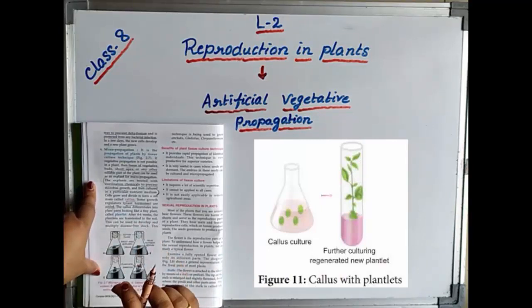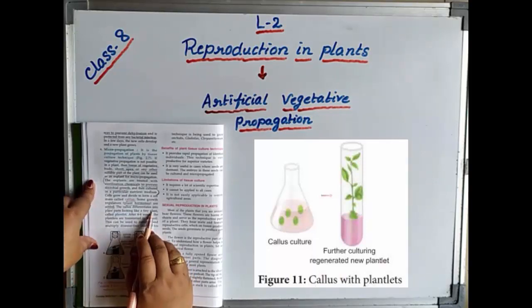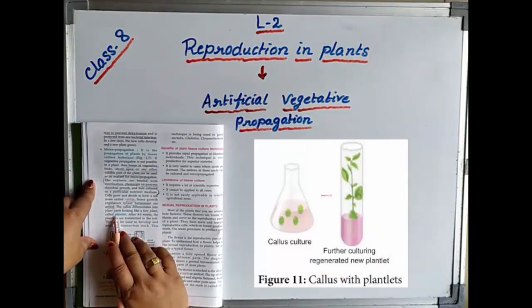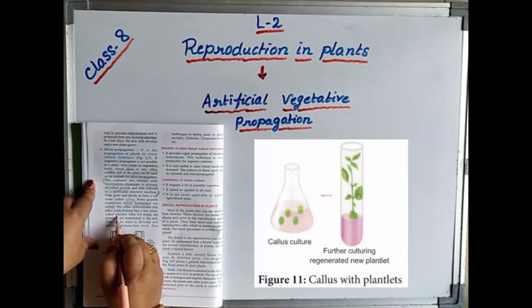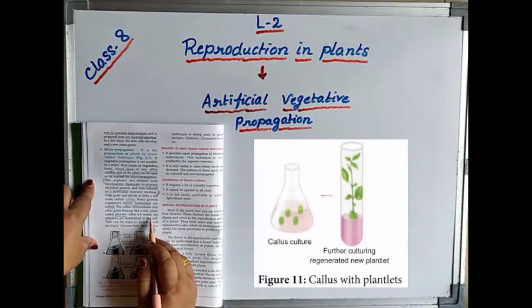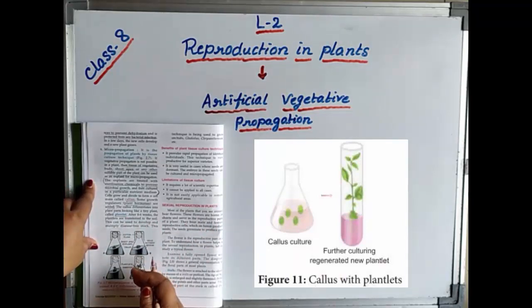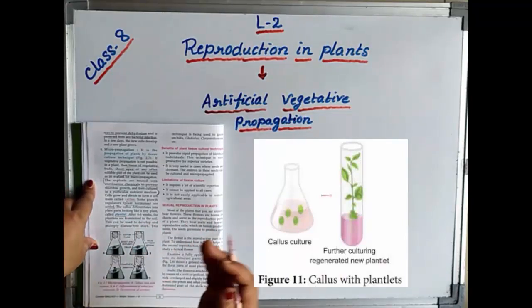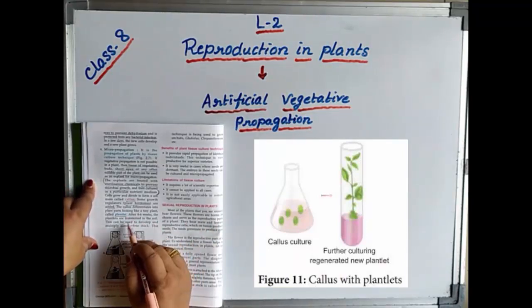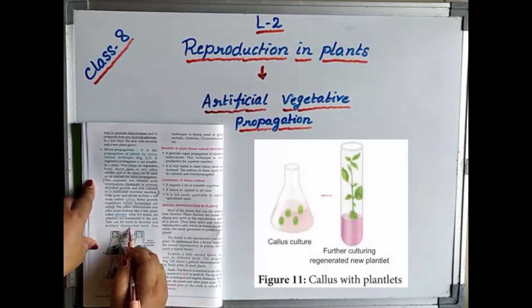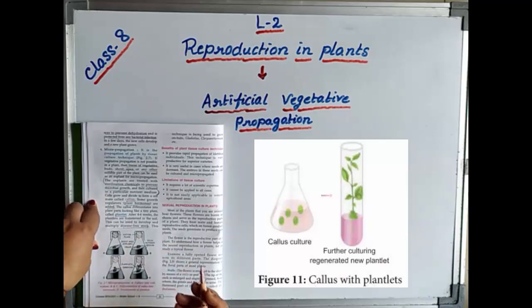So small plants, they will be looking like tiny plants, and that's why the name plantlet has been given. Okay, after 4 to 6 weeks the plantlets are transferred into the soil. Then they are taken out from there and transferred into the soil, and there they develop and multiply what? Disease free stalk. In this way they develop.